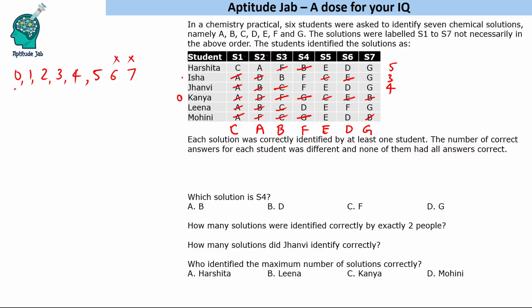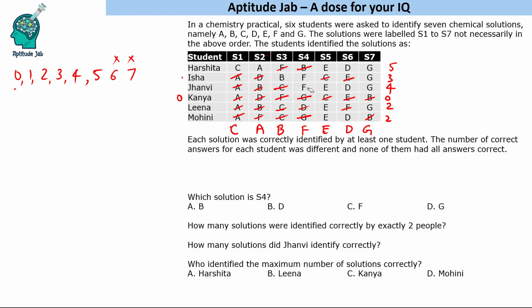Okay, this is 1 and 2 correct responses, and this person also gets 2 correct responses. Okay, so that is not possible because one should get 1 correct response.